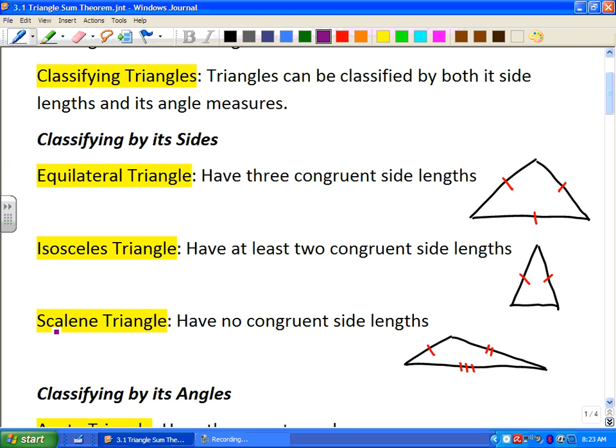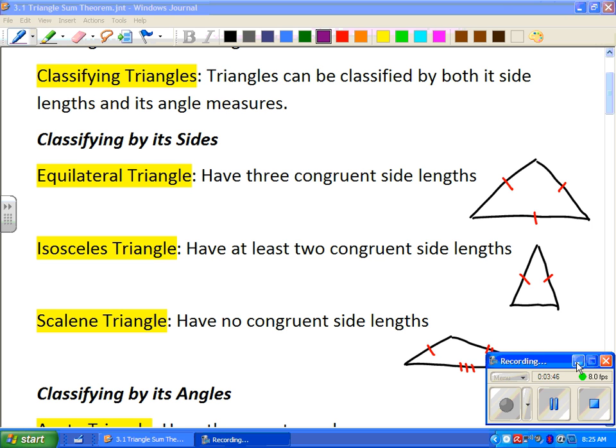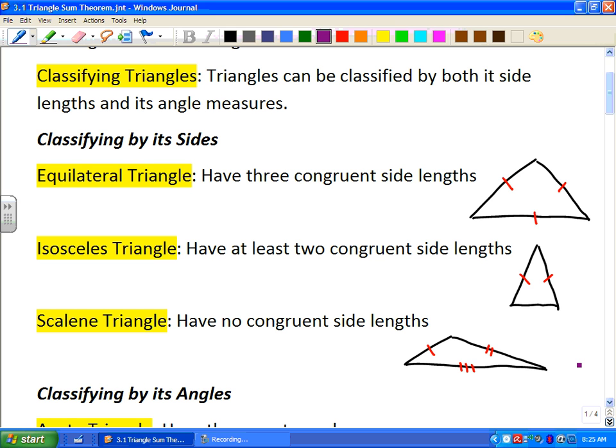Okay. Now, if you're going to describe a triangle by its sides, there's three different classifications that you can identify. The first being an equilateral triangle, which we know what equilateral means. The second being isosceles. The third being a scalene. All right, an equilateral triangle.